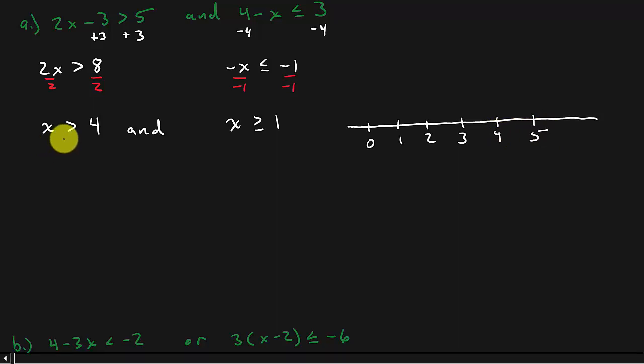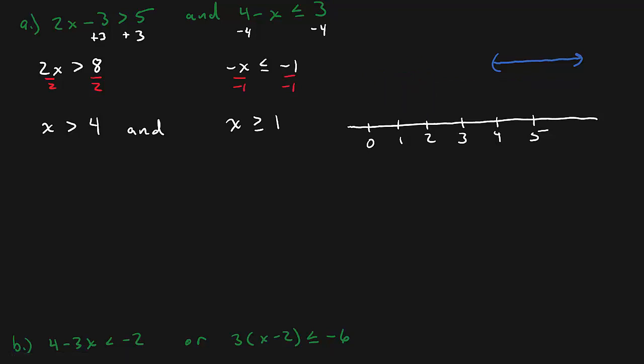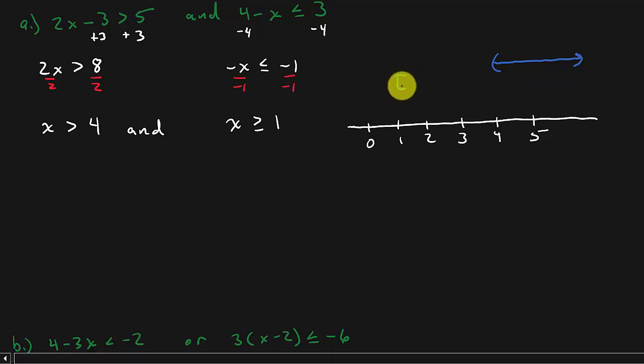So I've got x greater than 4, so let's graph that. Okay. Just graph both of them above the line, and then x greater than or equal to 1. Now, let me do that one in a different color. And so I've got x greater than or equal to 1.